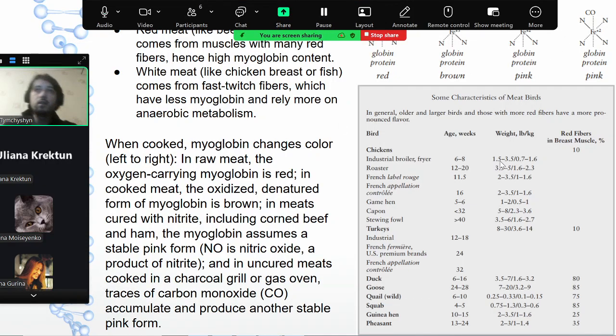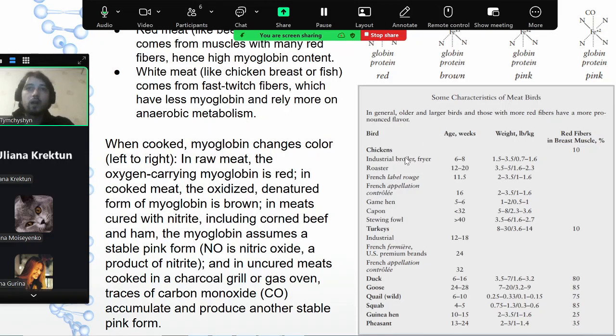And when cooked, myoglobin changes color. In raw meat, the oxygen carrying myoglobin is red; in cooked meat it's oxidized, and the denatured form of myoglobin is brown. So that's why it gets brown.